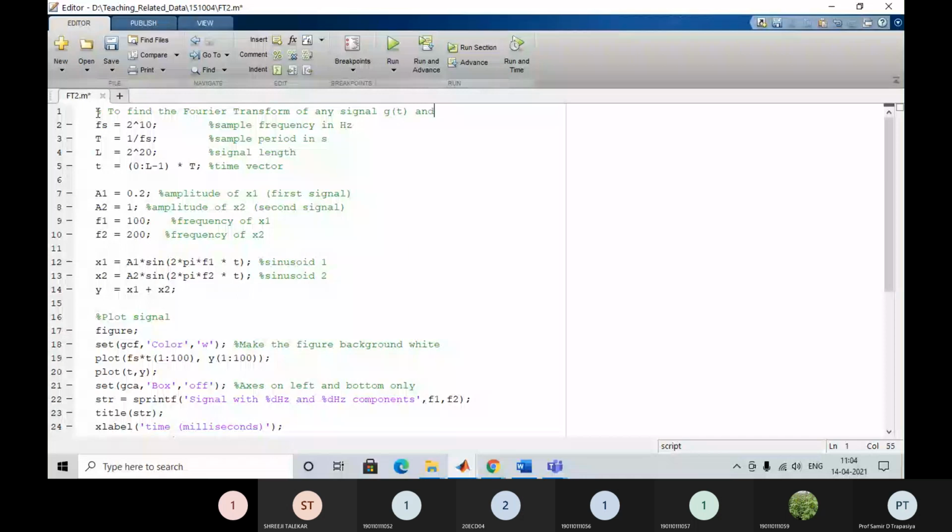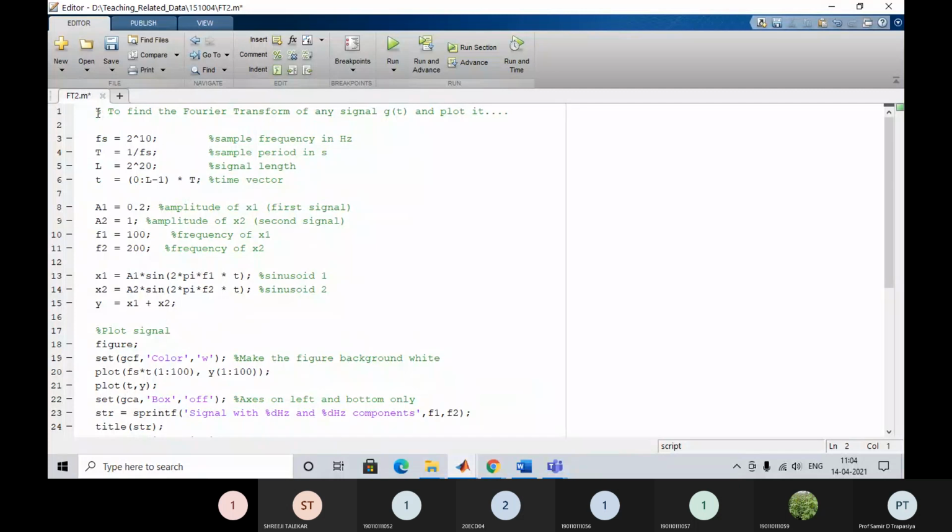Now, if you remember the steps I mentioned earlier, the first step is to decide the sampling interval or sampling frequency. So the sampling frequency is decided over here, 2 raised to 10 samples per second in hertz. It's quite large. Then the second one is to define the sampling interval.